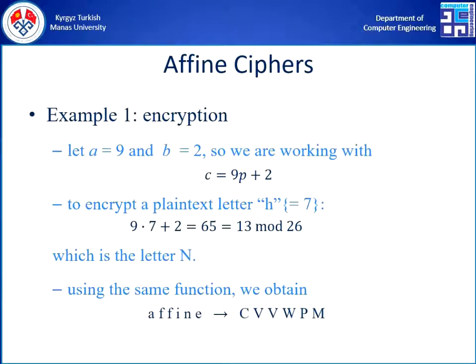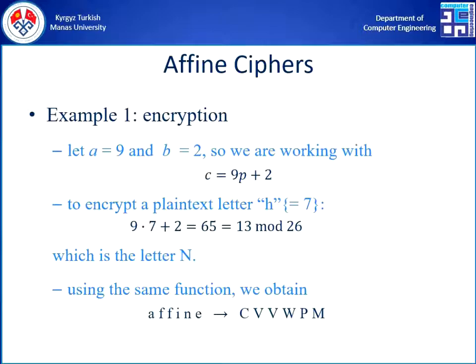Now let's see how an affine cipher works. Let the a part of our key be equal to 9 and the b part be equal to 2. So we are working with the encryption function defined as c, which is equal to 9 multiplied by the plaintext letter plus 2. And suppose that we are encrypting the plaintext h. The position of the letter h in the alphabet is 7.